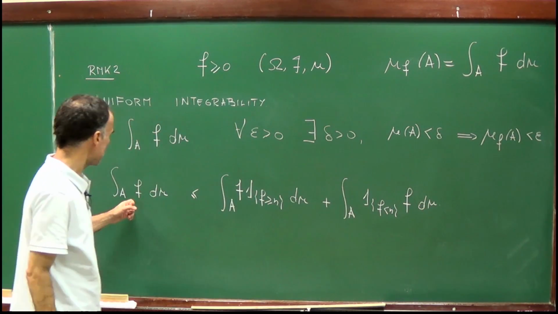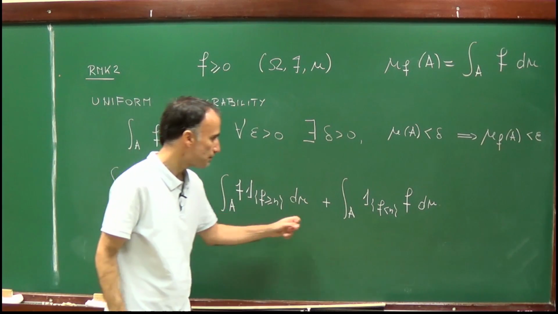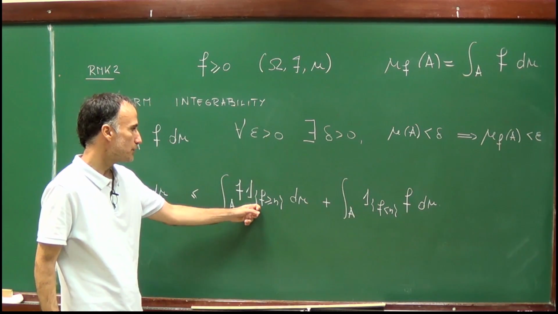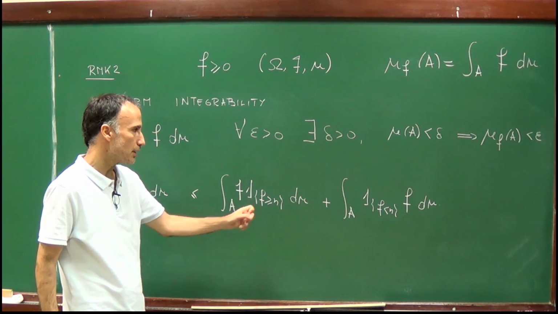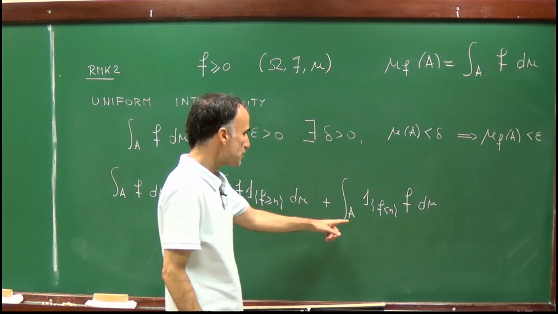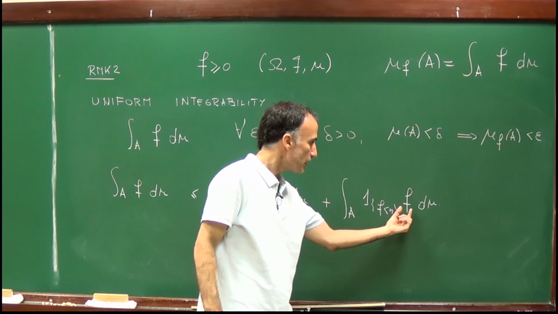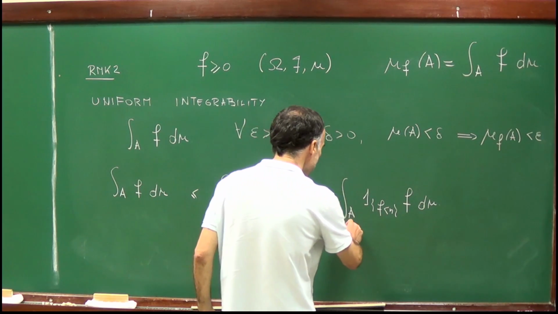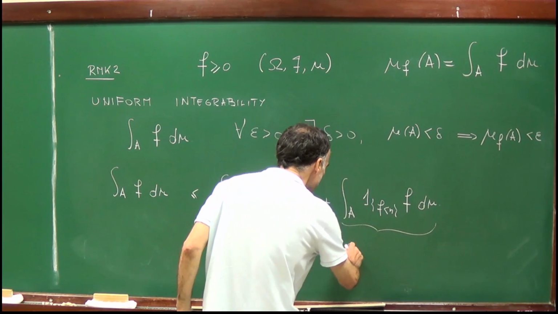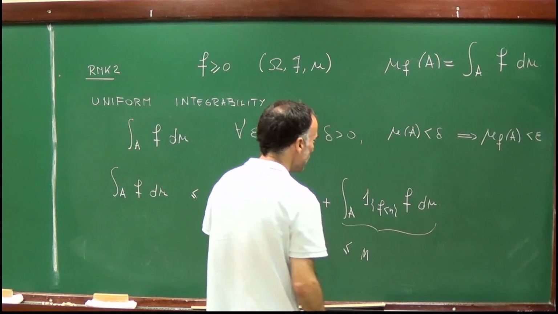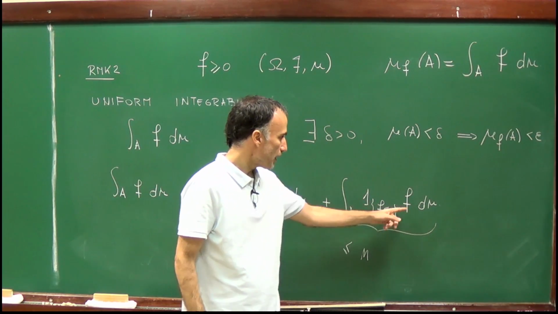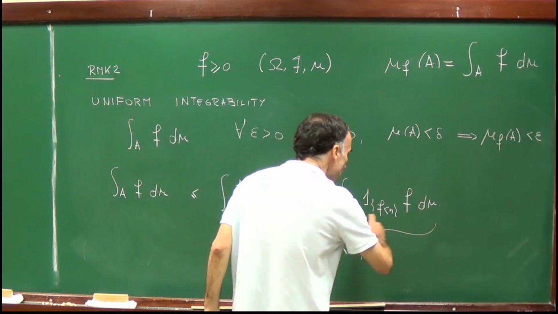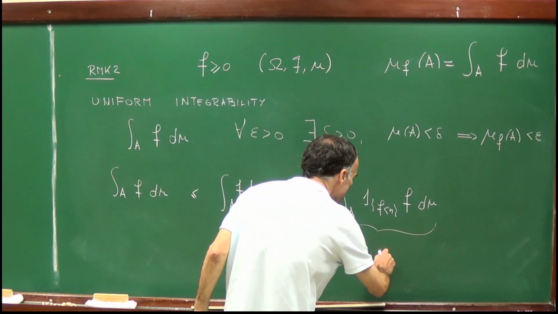So I just decompose my integral in two terms. One in which f is smaller than n, and the other piece in which f is larger or equal than n. For this piece, since f is smaller than n, I can replace f by n. So this second integral is smaller than n. Once I replaced f by n, I can just ignore this indicator function and estimate this integral by the measure of A.